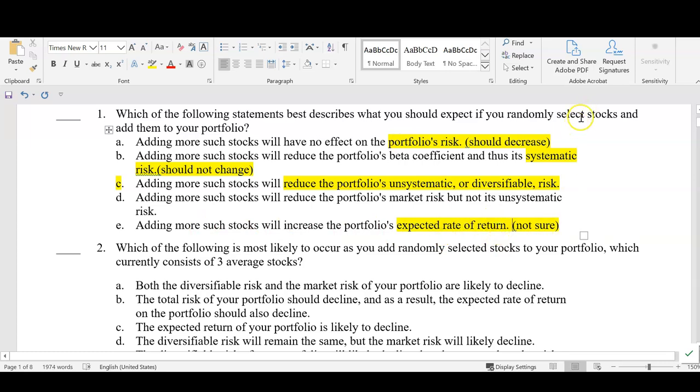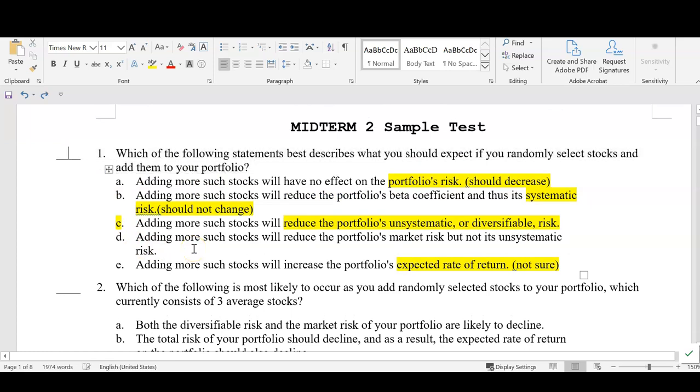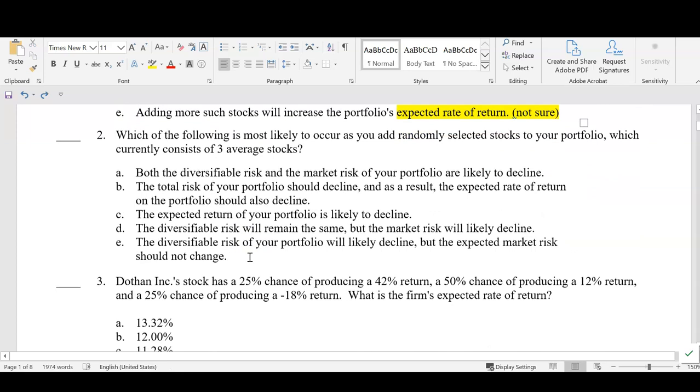So when we add new stocks, it depends on how much the portfolio return is and how much the new stocks' return is. The rate of return of the new portfolio could be larger or smaller than the old portfolio. It depends on the situation. So here, our right option is C. That's why I marked C yellow here.